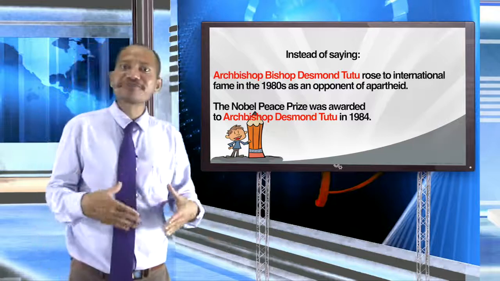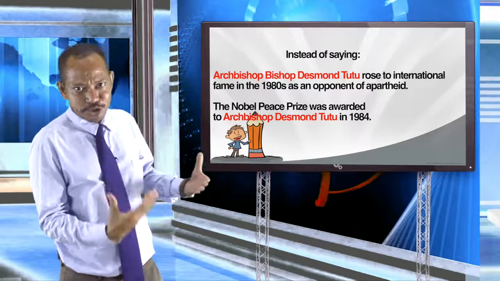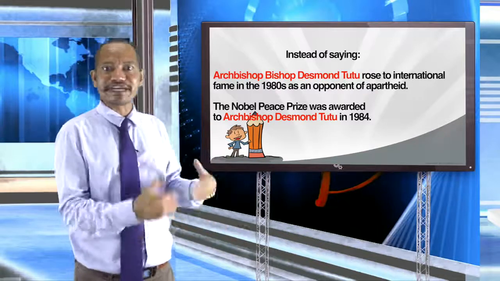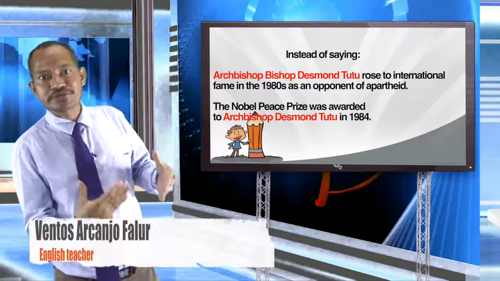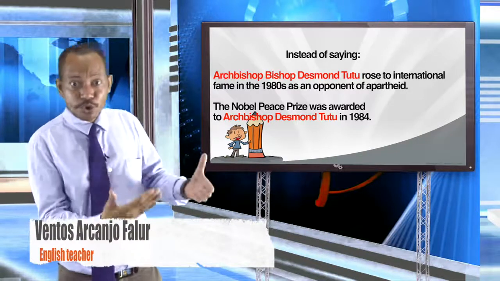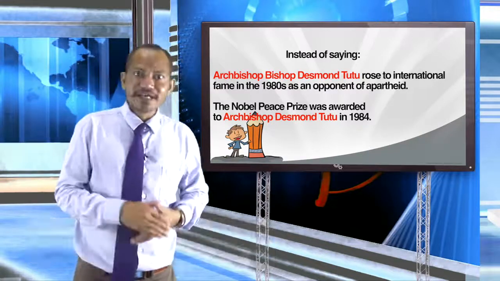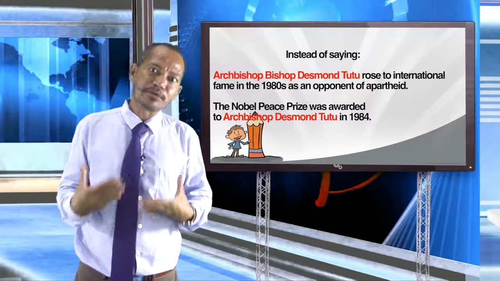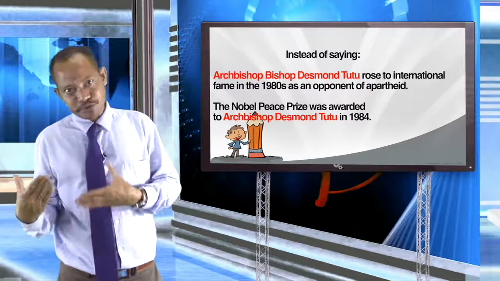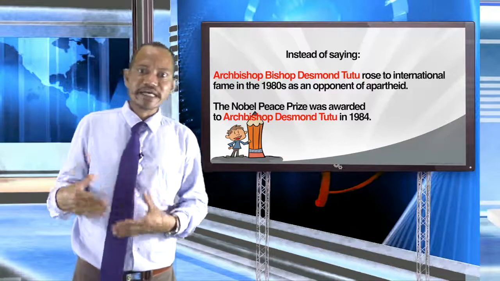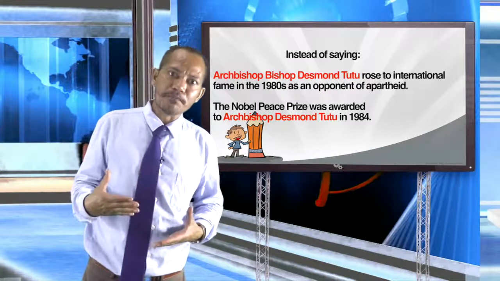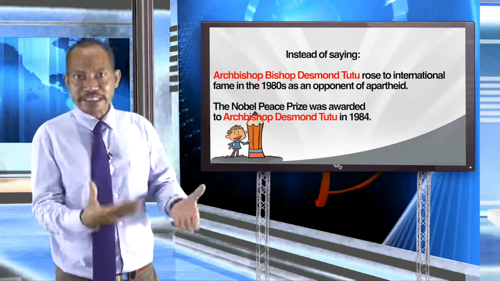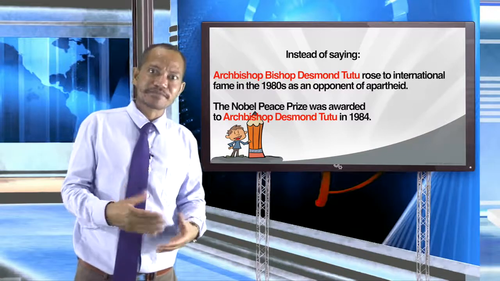So, instead of saying Archbishop Desmond Tutu rose to international fame in the 1980s as an opponent of apartheid, the Nobel Peace Prize was awarded to Archbishop Desmond Tutu in 1984, the paragraph goes on by substituting the repeated proper nouns like Archbishop Desmond Tutu with the personal pronoun as subject or object form to make it much easier and less annoying to read, as in these sentences.